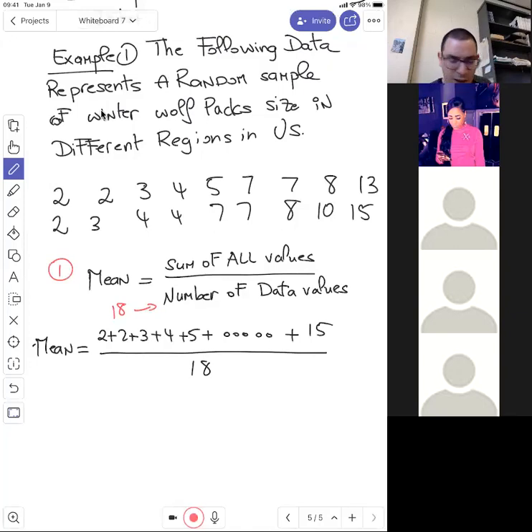So the mean, if you compute the sum here, 2 plus 2 plus 3, etc., the sum would be 111 over 18. So 111 over 18 is actually 6.2.